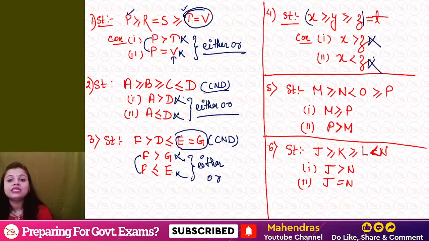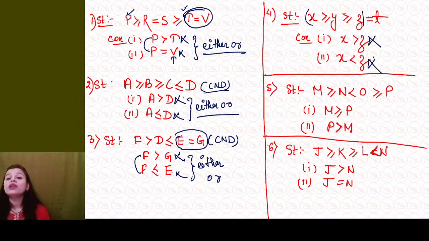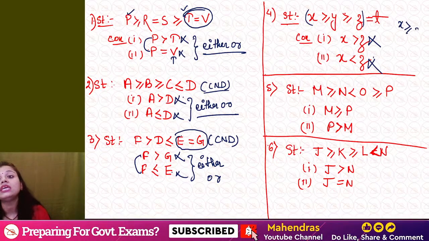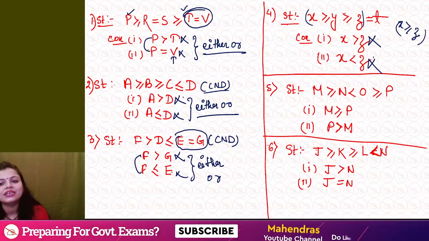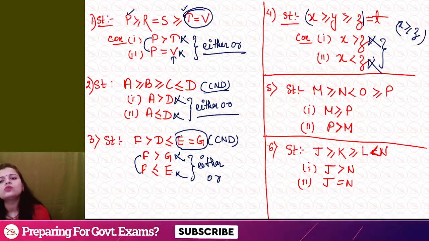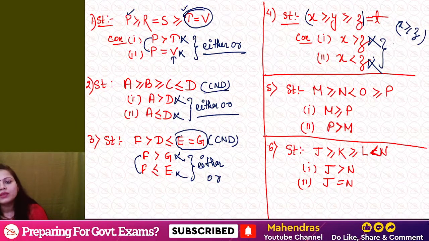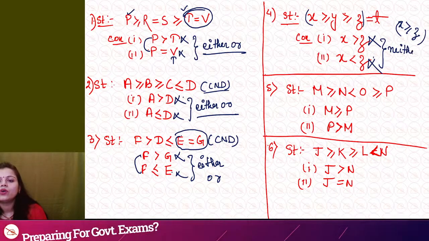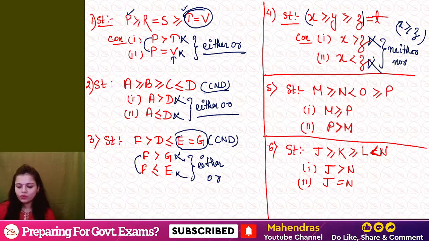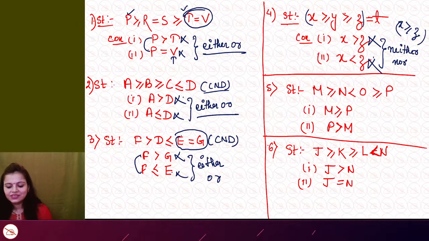And the third rule is we need two signs according to the statement. In the statement we are getting X is greater or equal to Z. But in this case, greater or less is present. So they are not following the either or rule and the conclusions are individually wrong. Then the answer will be option neither nor. That means both are wrong. Neither nor means both are wrong. Okay.